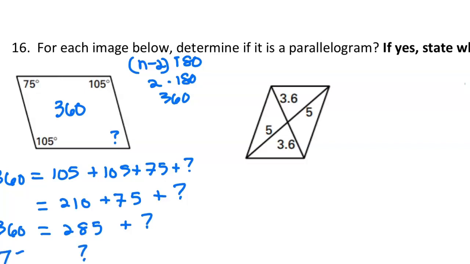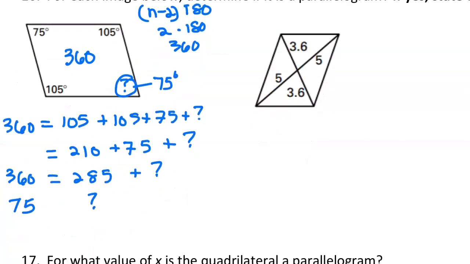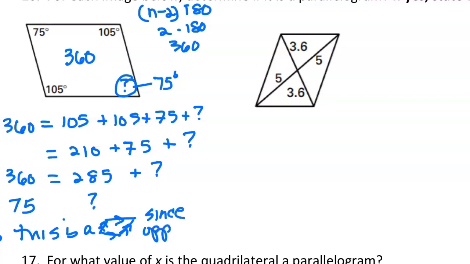I now know that that missing angle, this angle, is 75. So I can say, yes, this is a parallelogram. I'm going to just draw this parallelogram. Okay, I'm just abbreviating for space. Since opposite angles are congruent, okay, you have to say why.